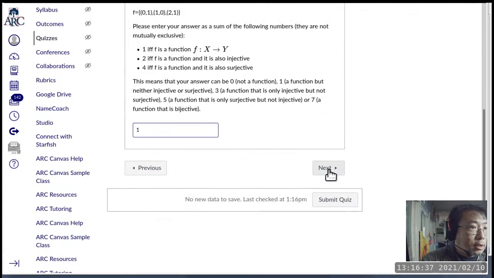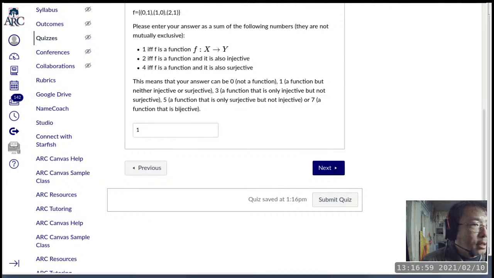Moving on to the next one. Oh, we got some questions. Okay, so let's wait for Jonathan to finish typing, or Jack to finish typing. All right, so for functions with the same cardinality as the range. Okay, I see what the question is.